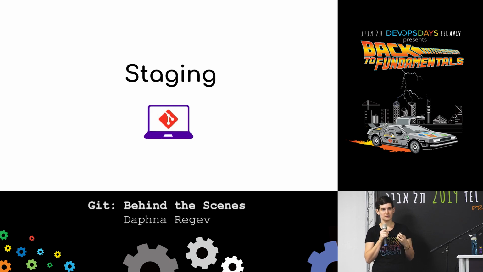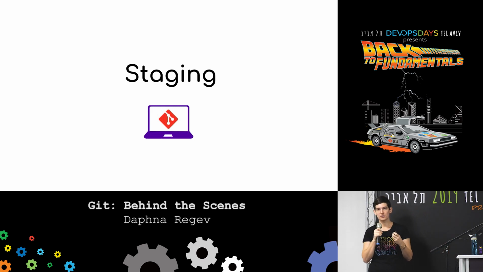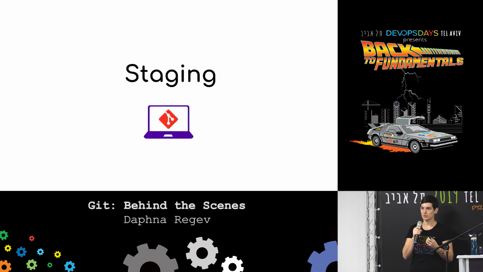Now, this is, again, something that's special in Git. In Subversion, for example, every file that you change is going to go into your next commit. And that's not always what you really want. Sometimes we're going to be working on many different files. And in Git, we want our commits to be small. We want them to tell a story.